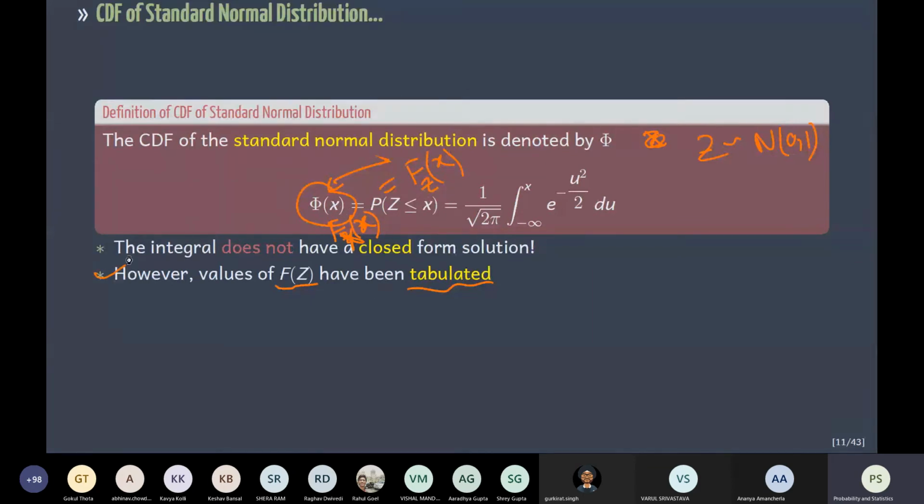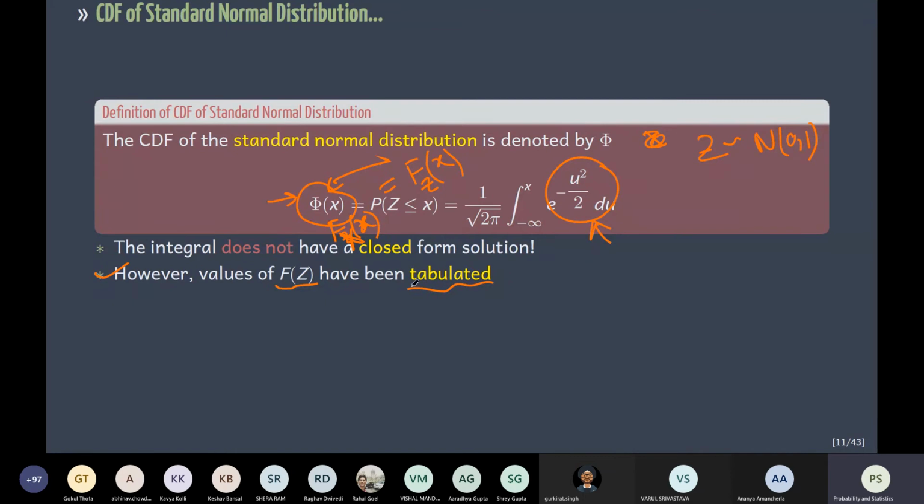So what we say is that this data has been tabulated, because we cannot find a closed form solution for this integral. When we were computing expectation and so on, it was a bit easier because it became odd and even functions, and the limits were minus infinity to plus infinity. But if you focus just on this type of integral, you don't have any closed form solution for this.